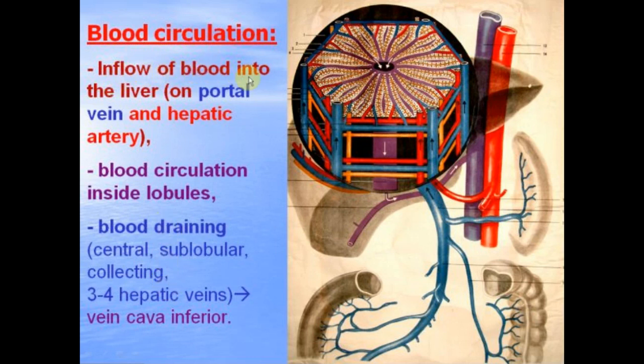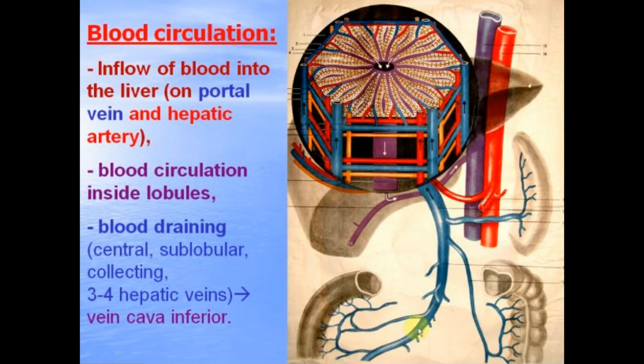Inflow of blood into the liver takes place from 2 sources: the portal vein, which collects the blood from all unpaired organs of the abdominal cavity, including stomach and intestine, where absorption of digested food products takes place. In the stomach and intestine, drugs and poisons are absorbed if they enter with food.